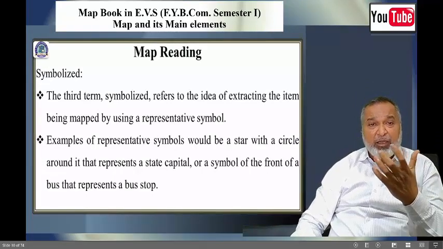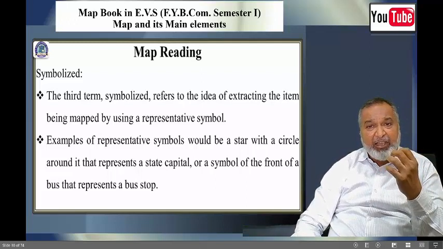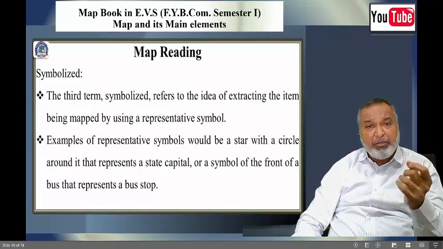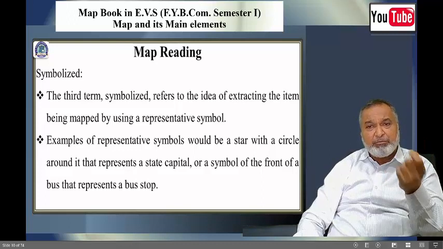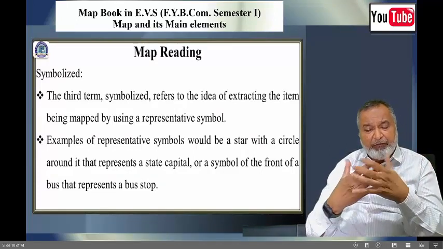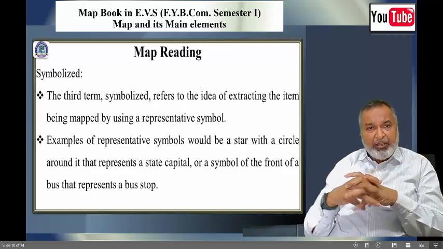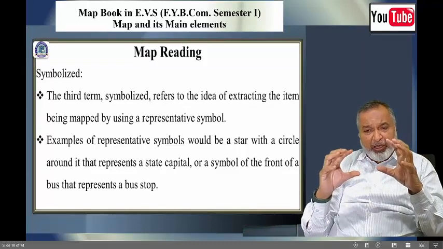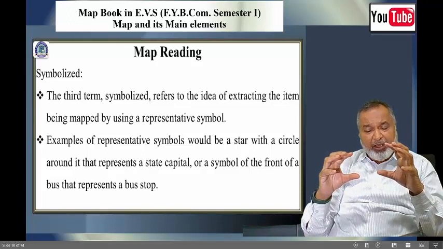Then the third one, the symbolized map, where the idea of extracting from the map is that once you use some symbol, that is called conventional signs. For example, we have a map of India and in that we want to show where the airports are.